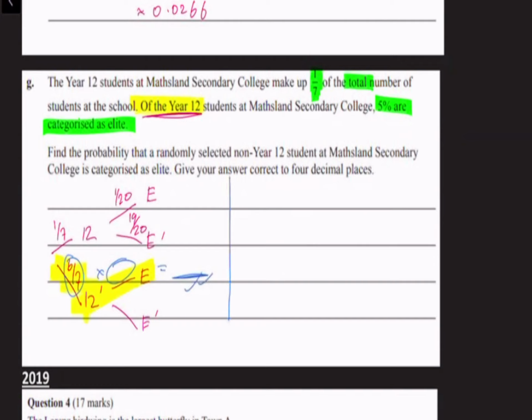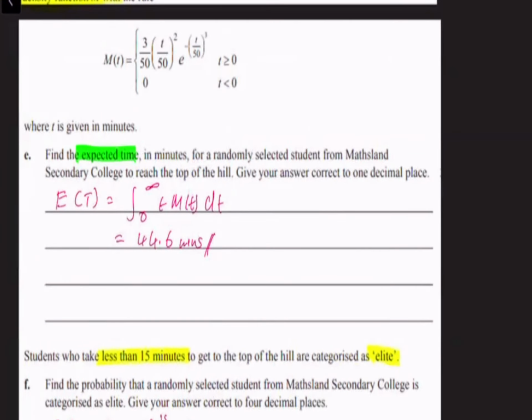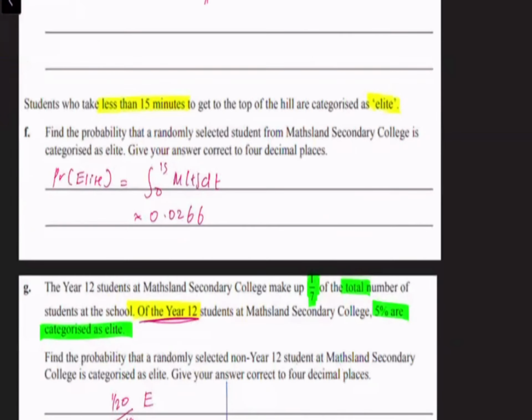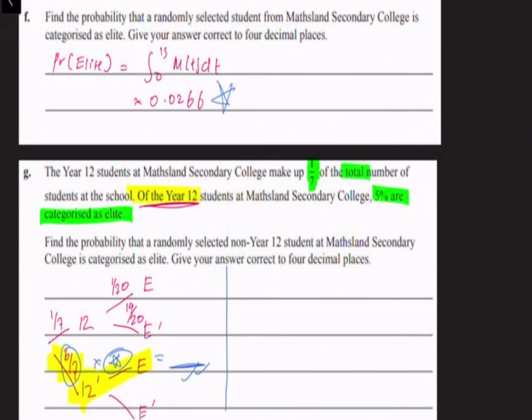To find this value, we clearly need to find this one first. We have the probability that someone can be elite because we figured it out here. The total probability that somebody is elite is this branch plus this branch.